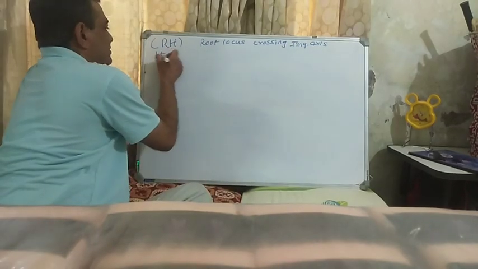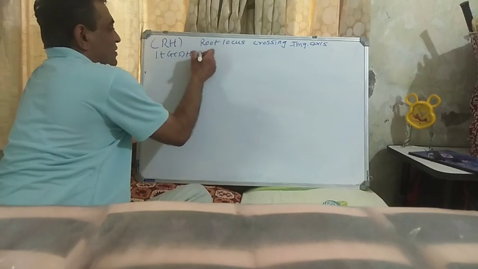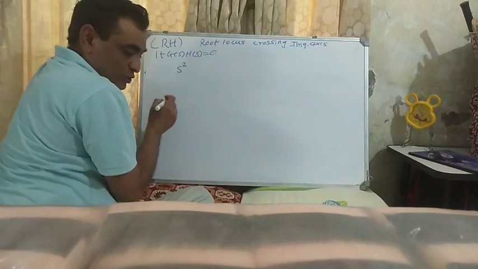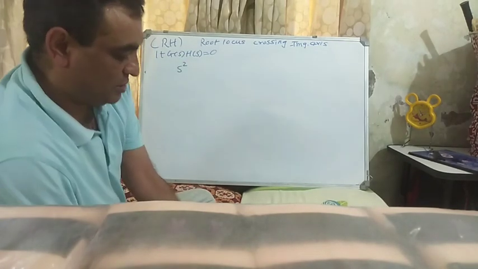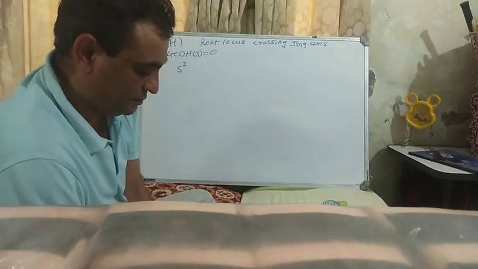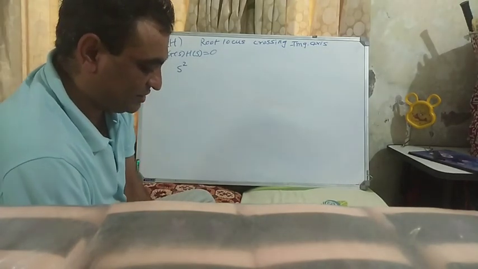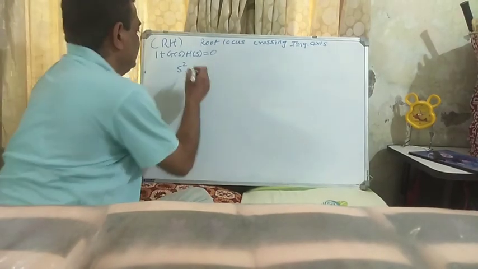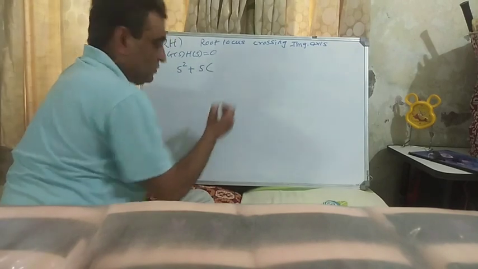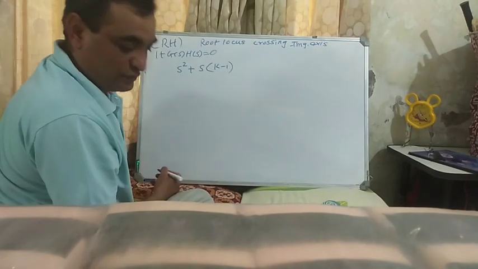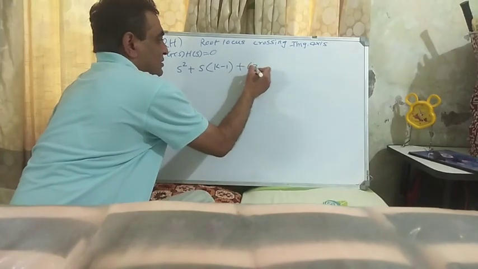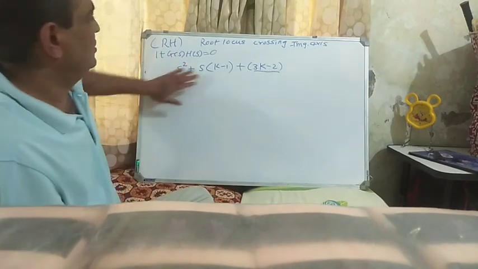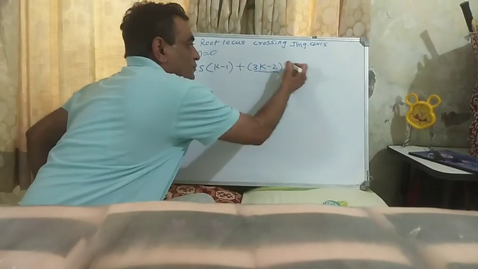That is 1 plus G(s)H(s) equals 0, and I have a characteristic equation something like this: s square plus s into (k minus 1) plus (3k minus 2). See, this is a constant part, okay? So this is the characteristic equation which is equal to 0.